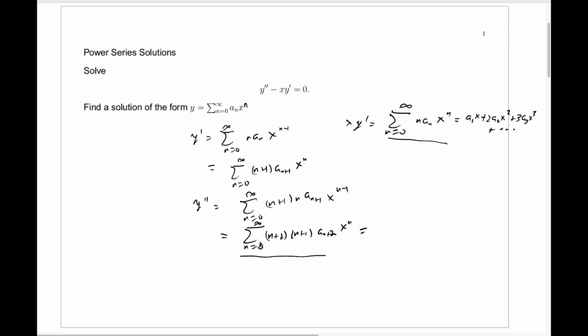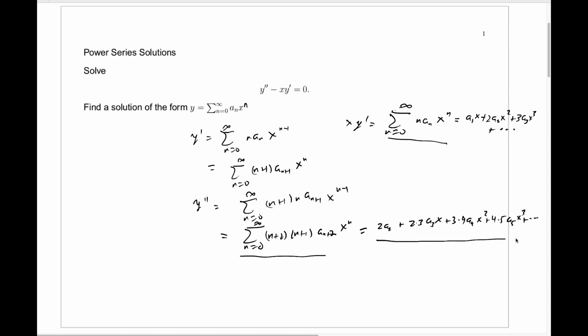In the series for y double prime, when n equals 0, you get 2 a sub 2 times x to the 0, which is just 1. Then you get 2 times 3, a sub 3, x. The next term would be 3 times 4, a sub 4, x squared. Then 4 times 5, a sub 5, x cubed.